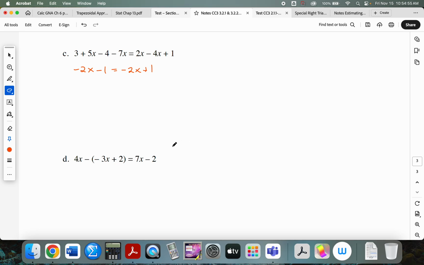Are those the same? No, can't quit yet. I'm going to add 2x. Got -1 equals 1. That's false, so there's no solution. And no checking also.